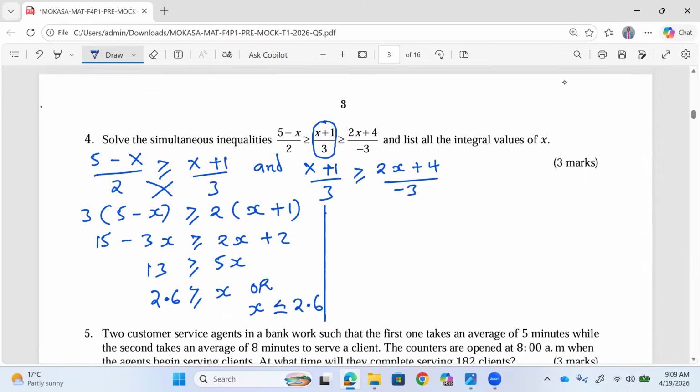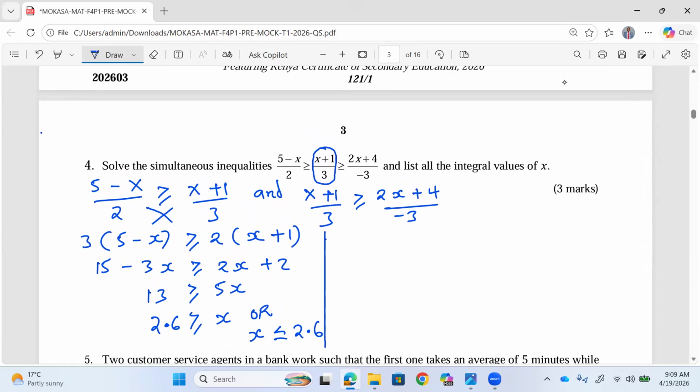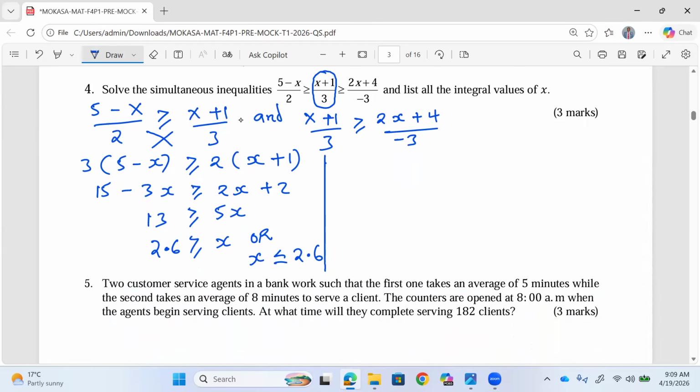So changing the sides leads to reversal of the inequality symbol. Applying the same here, if 2.6 is greater than or equal to x, then x is less than or equal to 2.6.